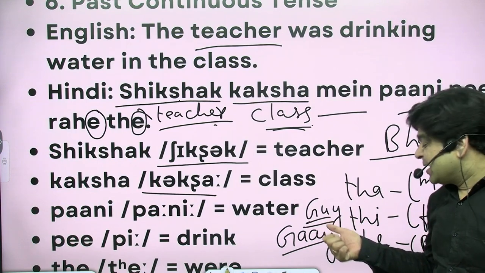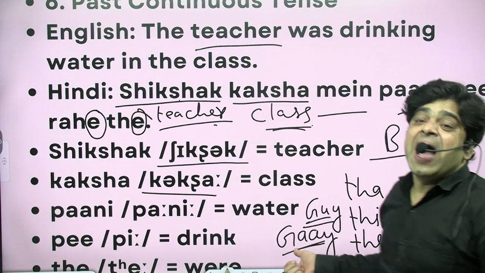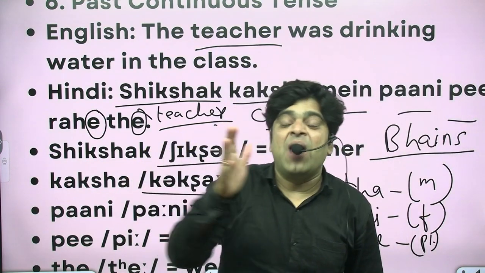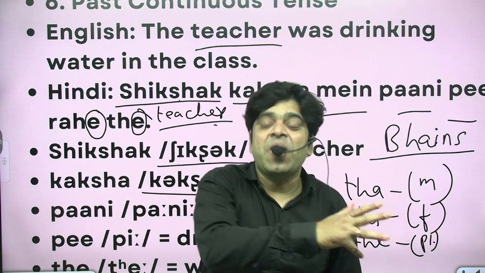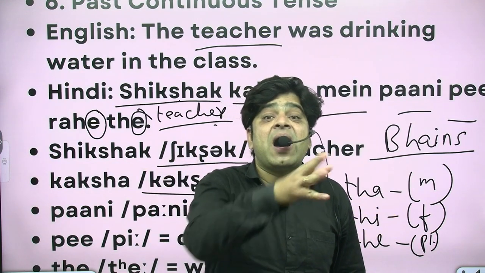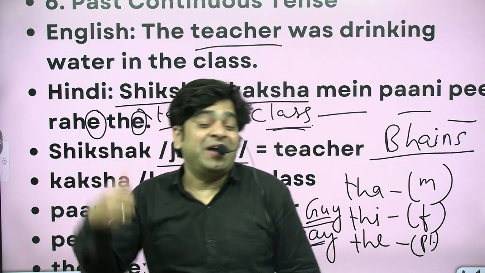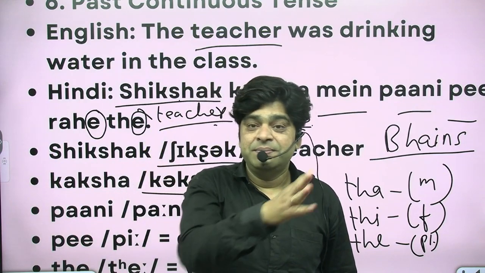A cow was drinking water, guy पानी पी रही थी. My friend was drinking water, मेरा दोस्त पानी पी रहा था. If it is a female, मेरी दोस्त पानी पी रही थी.